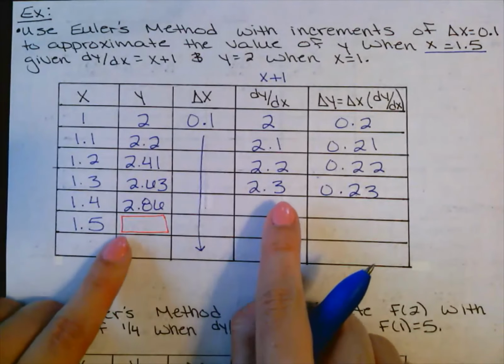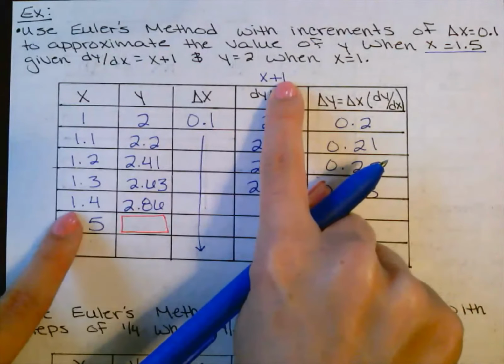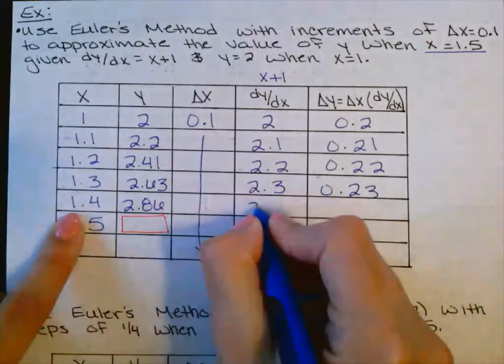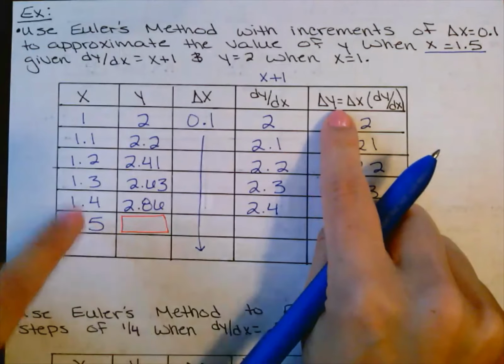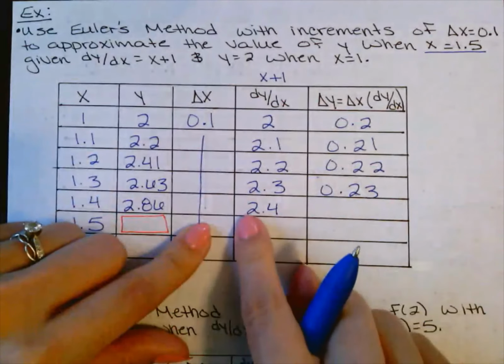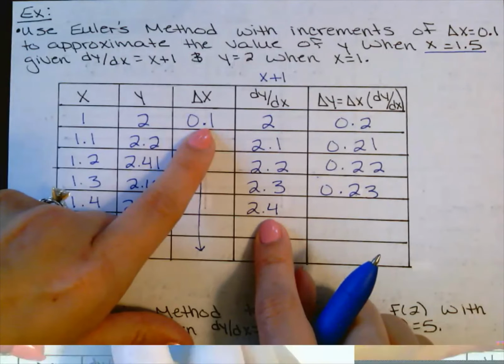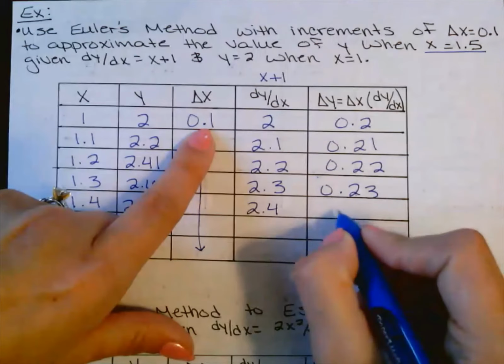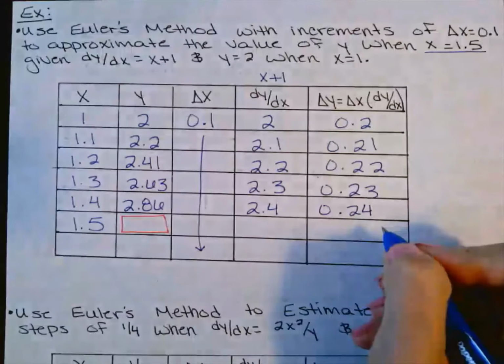One more time, guys, almost there. Now we can say that my dy dx is x plus 1, so 1.4 plus 1, I get 2.4. For my delta y, I'm going to multiply these two. Anything times 1 is itself, but I have two decimal places here, okay? So I'm going to have 0.24.